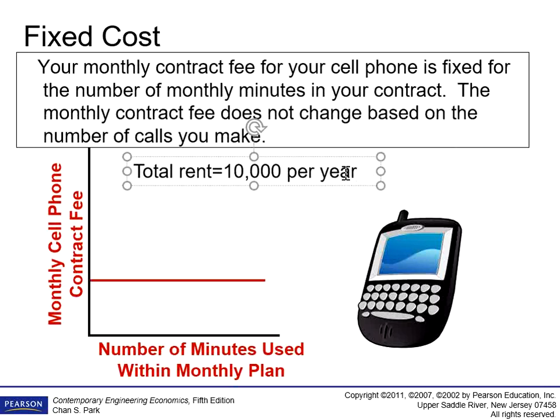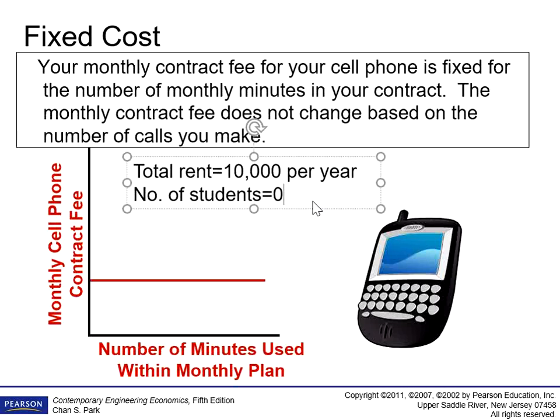So this is the total rent, and it remains the same regardless of the number of students. Whatever our cost driver is, it does not depend on any cost driver. It is fixed.